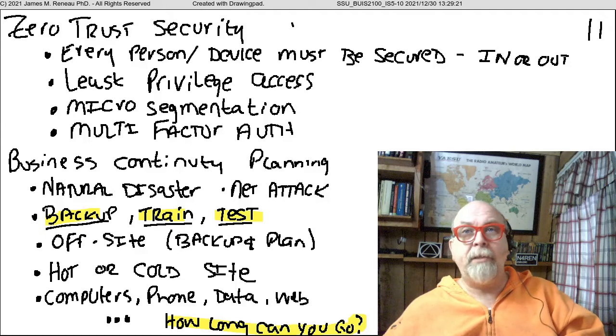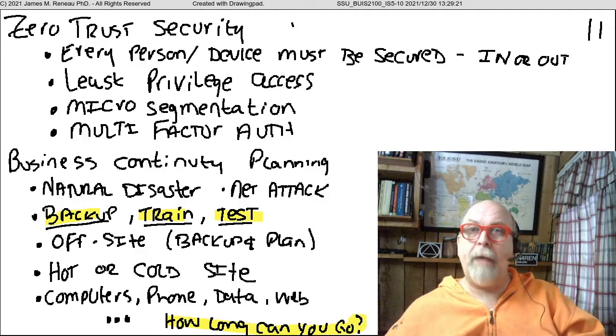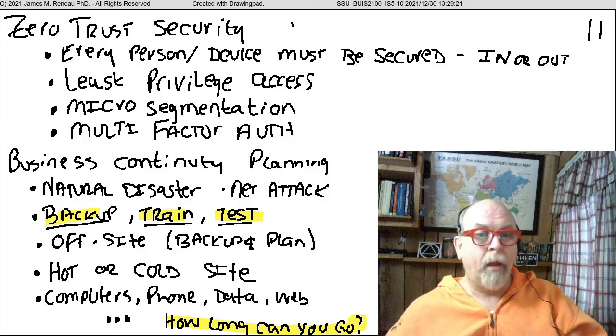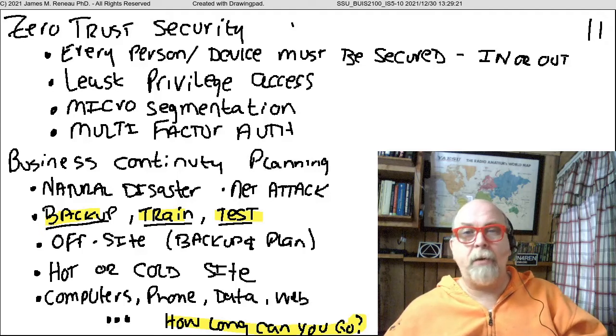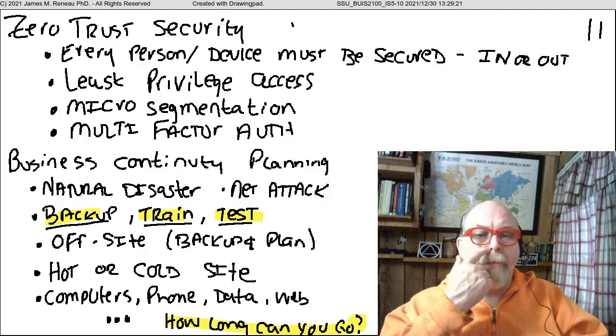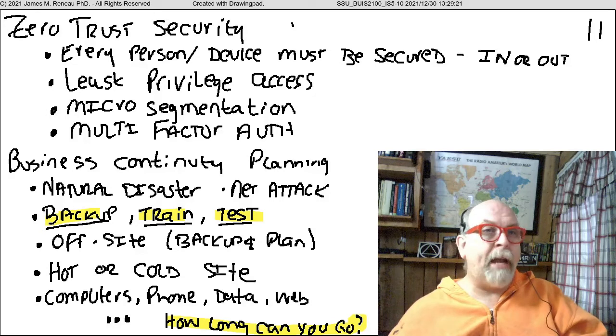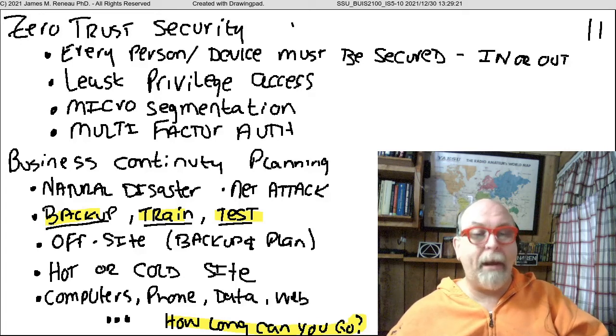What happens if a tornado takes out your corporate headquarters? What happens if a flood takes out your corporate headquarters? What happens if your network connection goes down because some idiot with a backhoe just cut the fiber optic cable to your building? And it's going to be 3 to 5 to 7 days before you can get your data back up.